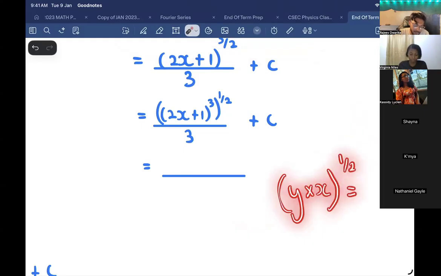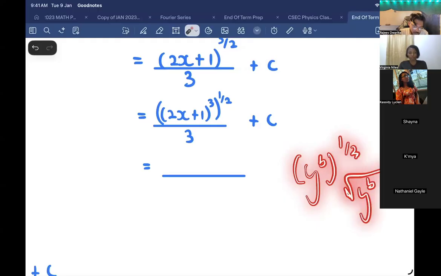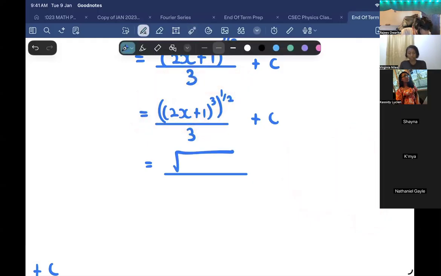The square root of y by x. Good. If I had y to the power b to the power half? The root of y to the power b. So tell me, what do you think this would be? Same concept. The root of 2x plus 1 to the power of 3.